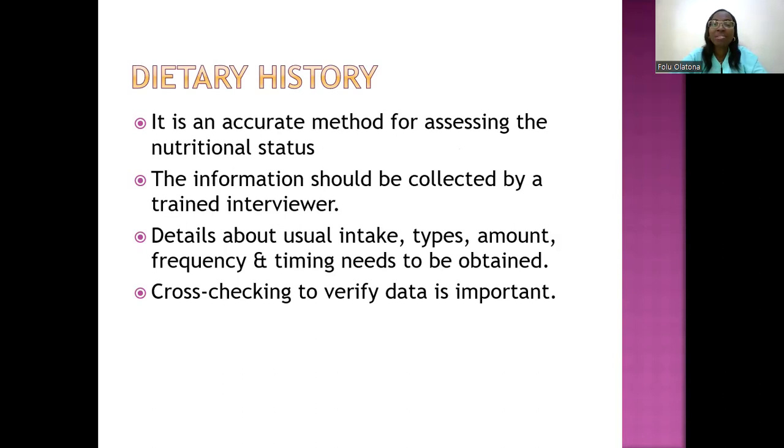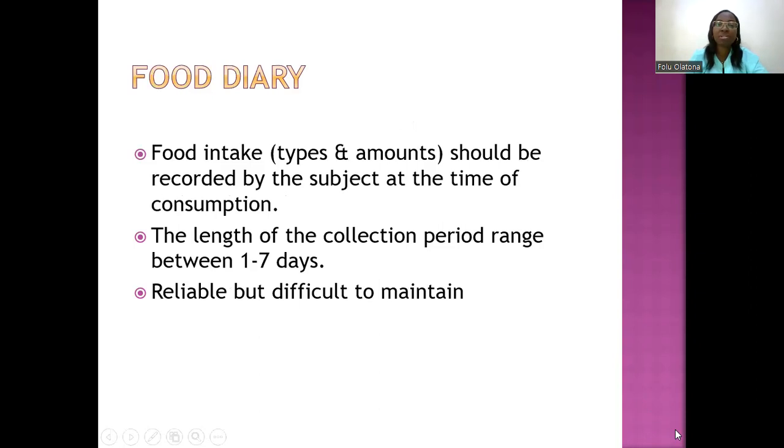So dietary history since early life is an accurate method for assessing nutritional status, and the details about usual intake types, amount, frequency, and timing are very important to know the dietary assessment of that person. History tells us a lot about the present.